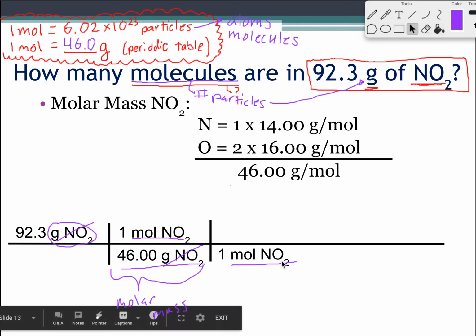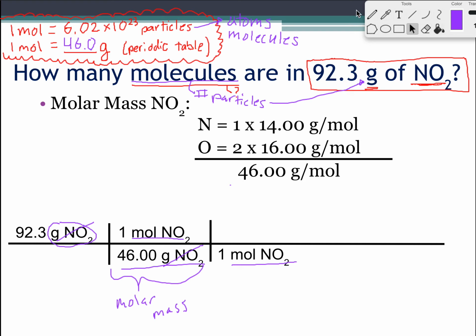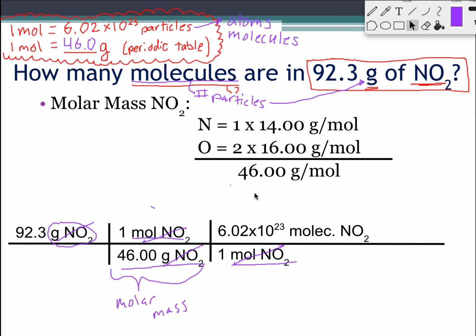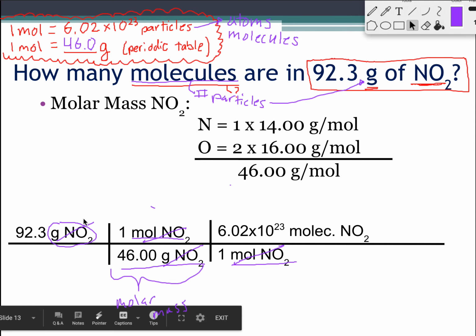So 1 mole of NO2 goes on the bottom, that way our units cancel out just like we would like them to. Moles of NO2 cancel. And since 1 mole of NO2 is equal to this many particles, that's the number that goes on top. All of our units are canceled out except for molecules of NO2, and that's what we were looking for originally in the question. So our T-chart is done, and we're set up.